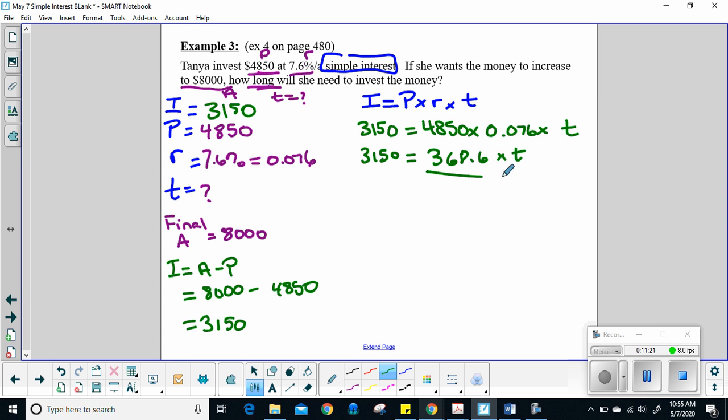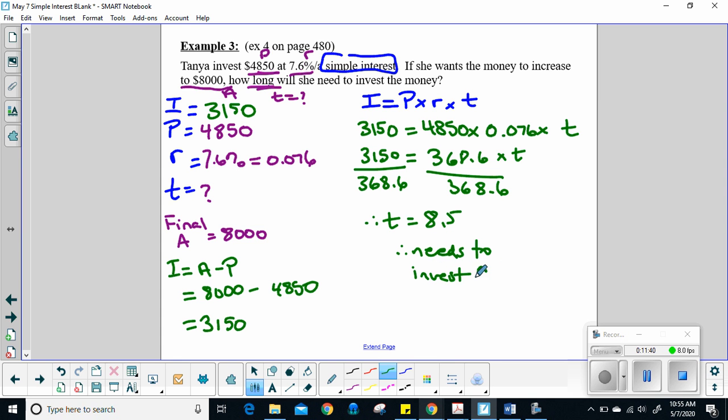Opposite of timesing is divide, so let's divide both sides by 368.6. So my time will be 3150 divided by 368.6 equals 8.5 years. Therefore, she needs to invest for 8.5 years.